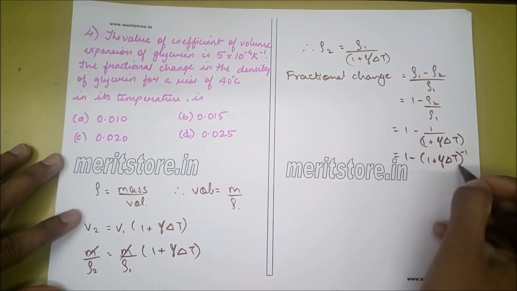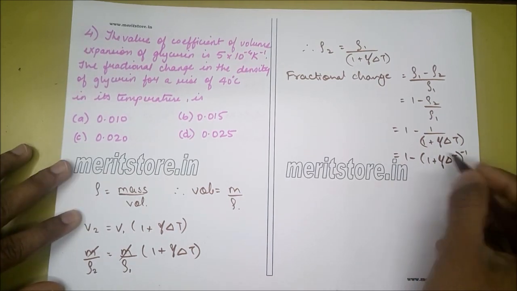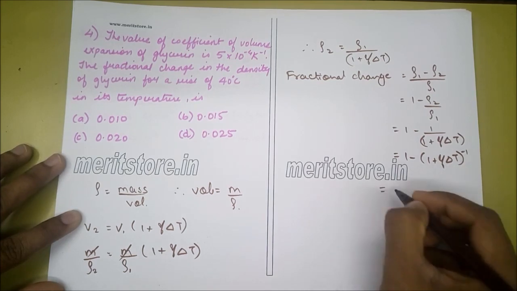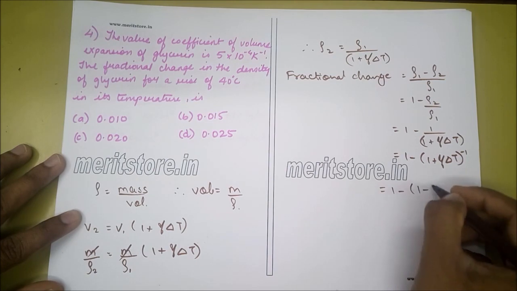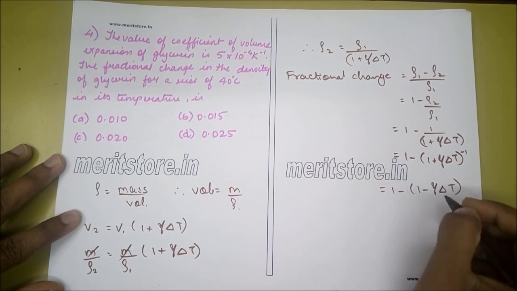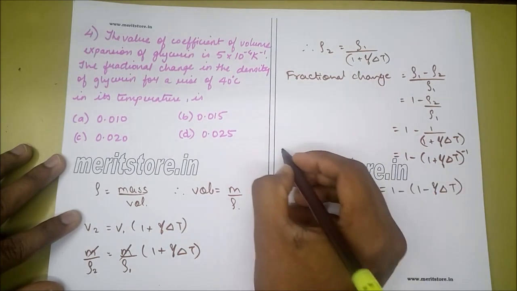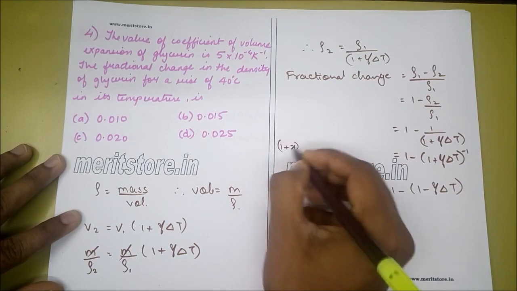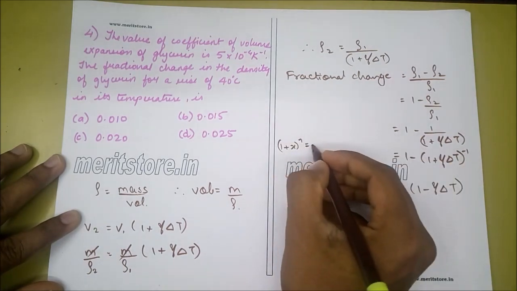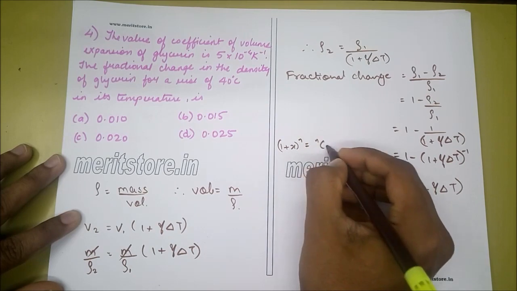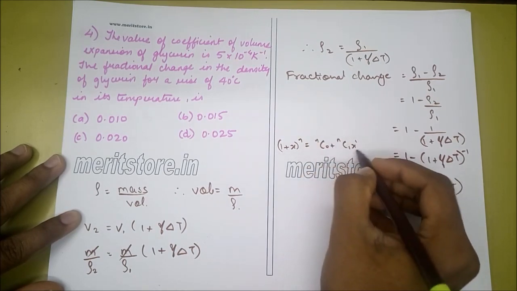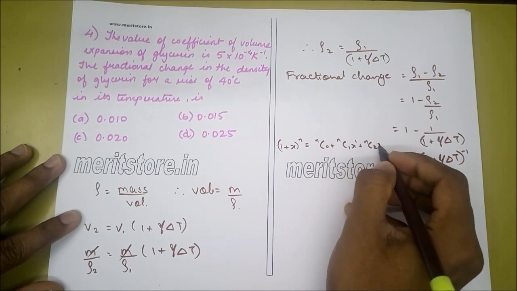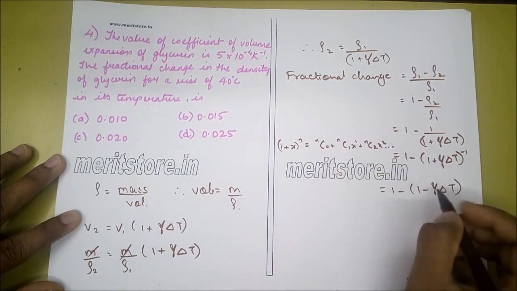Now in order to simplify this, we will use the binomial expansion. So what we end up with is 1 minus gamma times delta T. As you know, binomial expansion for 1 plus x raised to n is nC0 plus nC1 x raised to 1 plus nC2 x raised to 2 and so on.